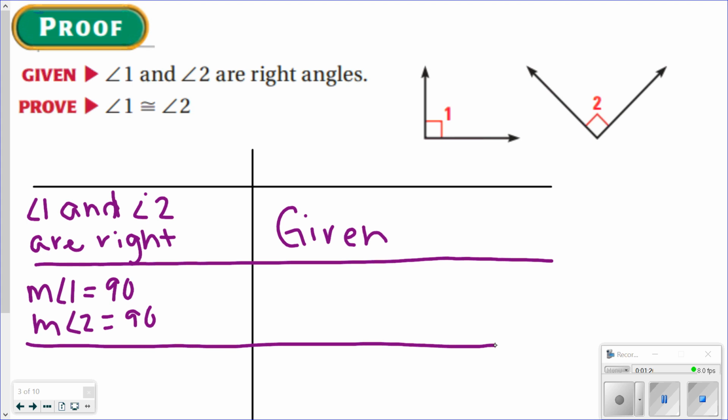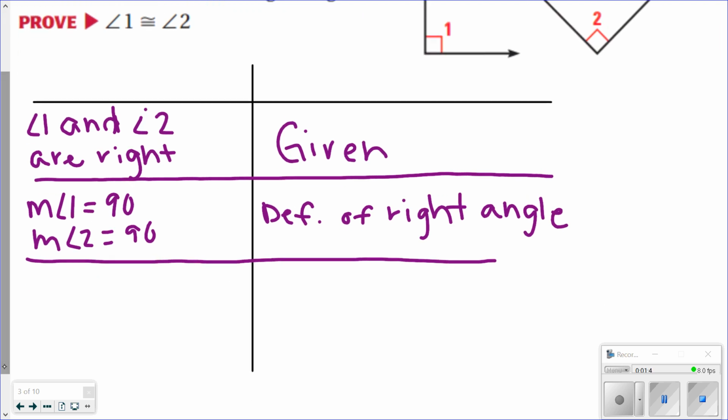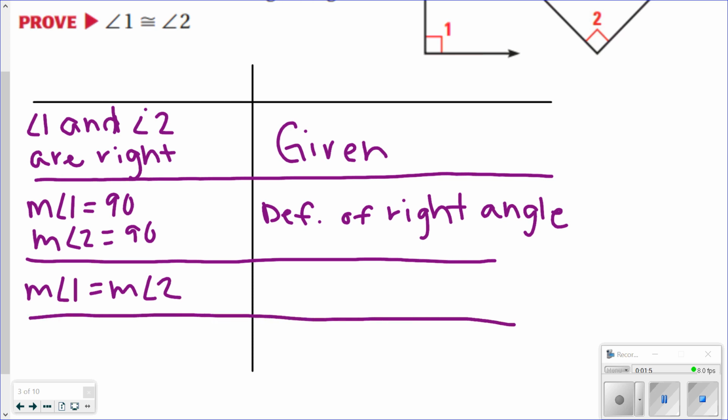Well, that's just the definition of a right angle. All right. So since both of those angles are equal to 90 degrees, that then means that the measure of angle 1 is equal to the measure of angle 2, and that's the substitution property. So I'm going to just put substitution.